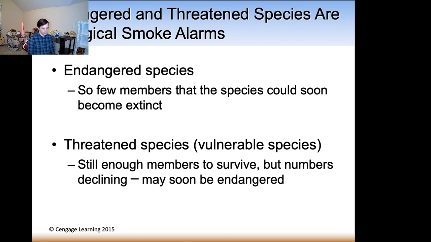So what is an endangered species? An endangered species is an organism where there are so few members of the species in existence on the planet that they run a very high possibility of becoming extinct very soon. Now, this can be for a number of different reasons. Endangered species could have genetic problems, things like cheetahs. There are a bunch of cheetahs, but they have a really high death rate as cubs.